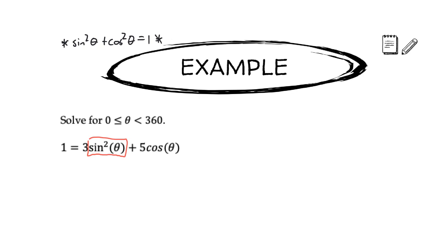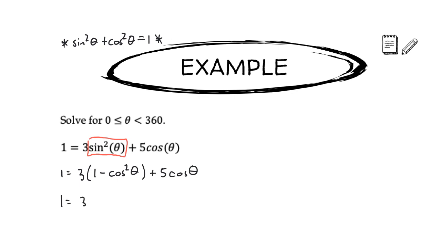And that is to say that 1 minus sine squared is equal to cosine squared, or 1 minus cosine squared is equal to sine squared. And to solve this problem, I'm going to substitute that variant of the Pythagorean identity in, and this gives me an equation that's entirely in terms of cosine.